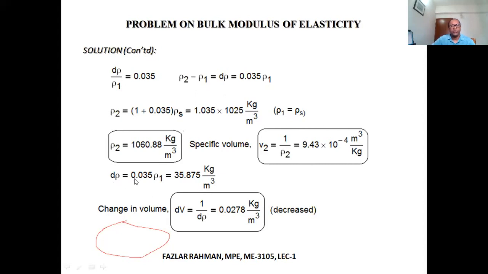D rho equals 0.035 rho 1. Rho 1 is given, so you get this value. This value is the change of density. And what will be the change of volume then? Just the inverse. dV equals 1 by rho. Okay, and the volume would decrease. Any questions? Anyone?